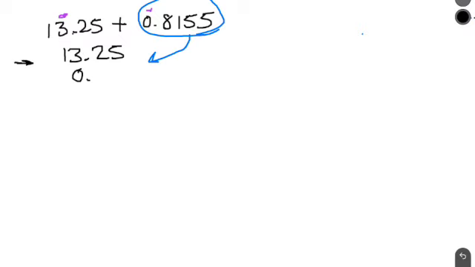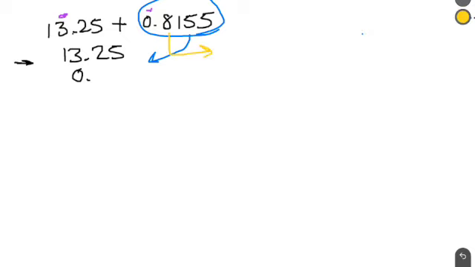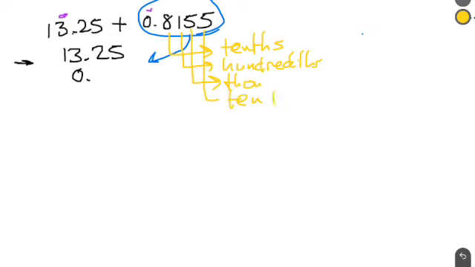And then the 8, so let's review the places to the right of the decimal. If you recall, this is the tenths, this is the hundredths, this is the thousandths, and this is the ten-thousandths.